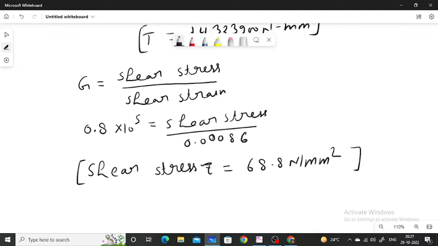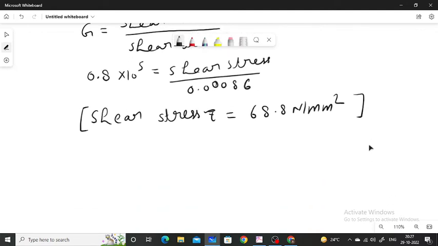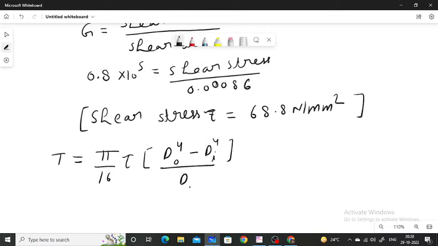Now the torque transmitted by the hollow circular shaft will be equal to pi by 16 tau into (D outer to the power 4 minus D inner to the power 4) divided by D outer.